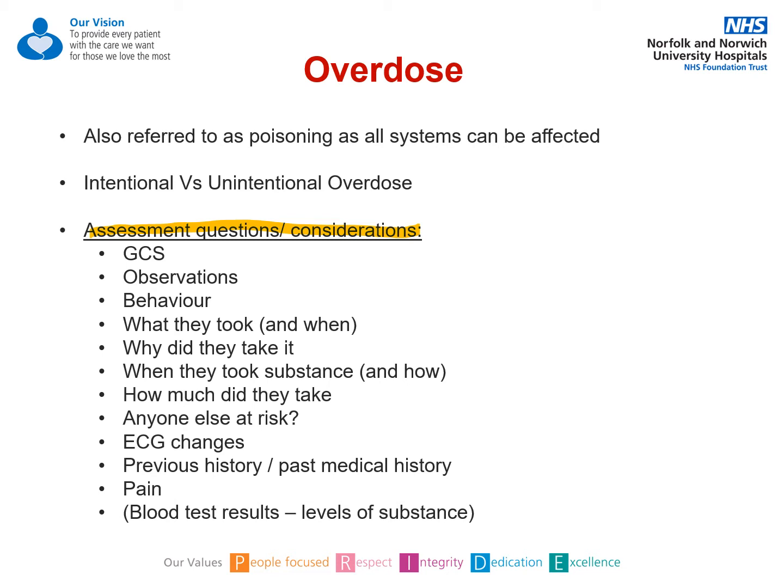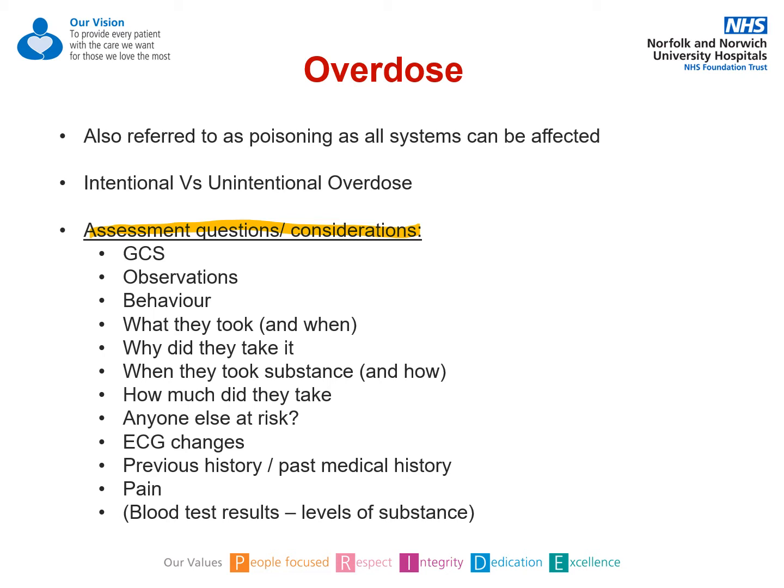Pretty much all observations could be affected, so it might be their pulse high or low, their blood pressure high or low, temperature might be affected, and you can't really gauge which, there's not a textbook example. It's just if they're abnormal is what we look for.